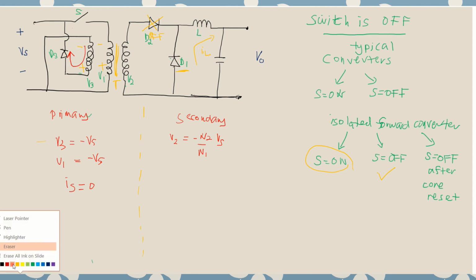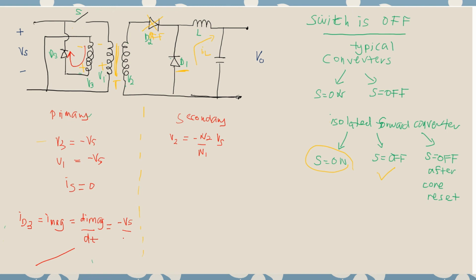IS is 0, and then ID3 is now the Imax. If I say it in the gradient, because we always want a gradient, the gradient is always in the form of a differentiation of the current over time, because it's the difference between two points, and that is negative Vs over L1.